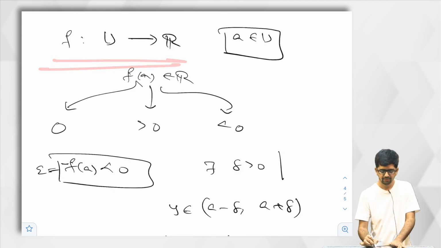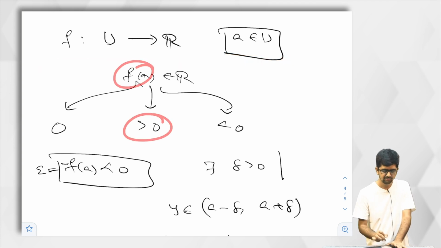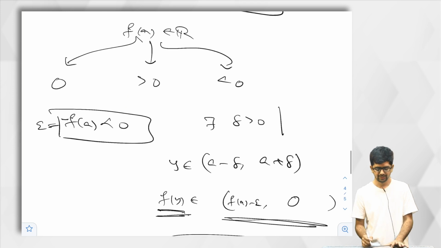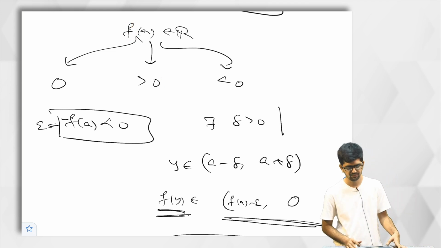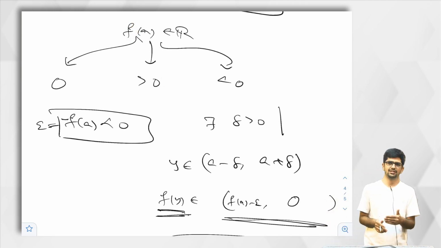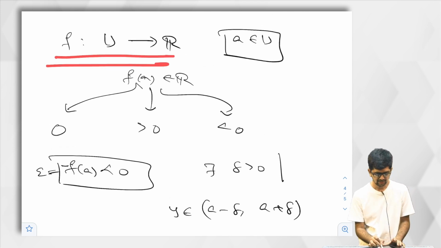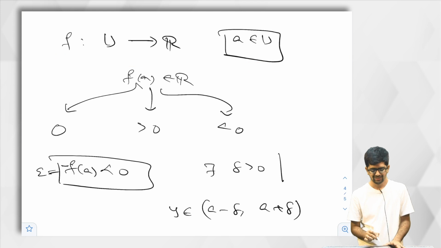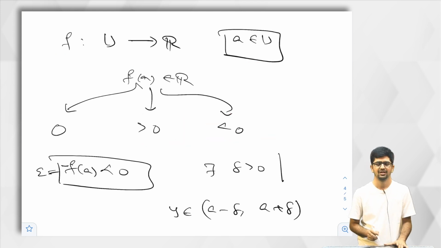For this function f at a point a belongs to u, if f of a is positive, then as we have seen before, there is a neighborhood around a on which f is still positive. That is what you have seen before. So this is the first observation regarding a function that is continuous at a point a, with respect to being positive or negative.